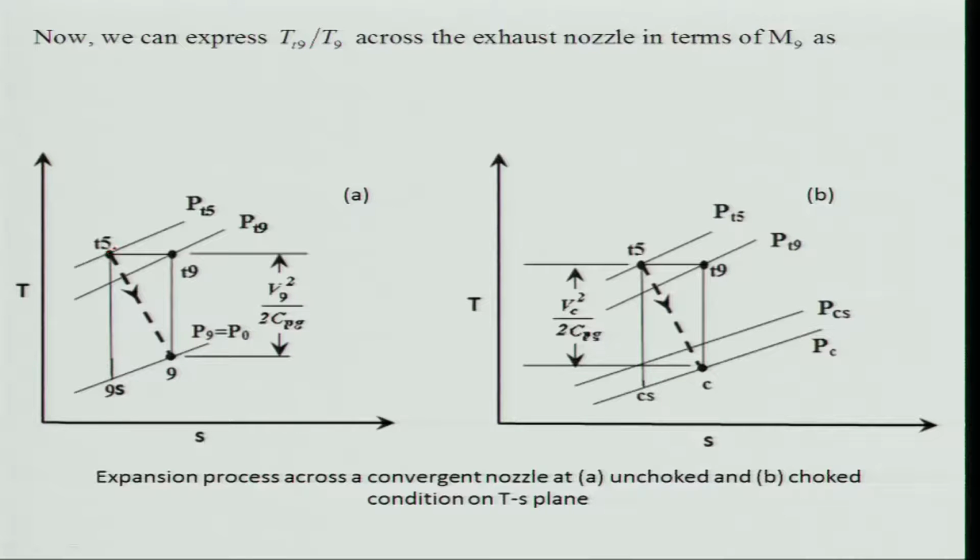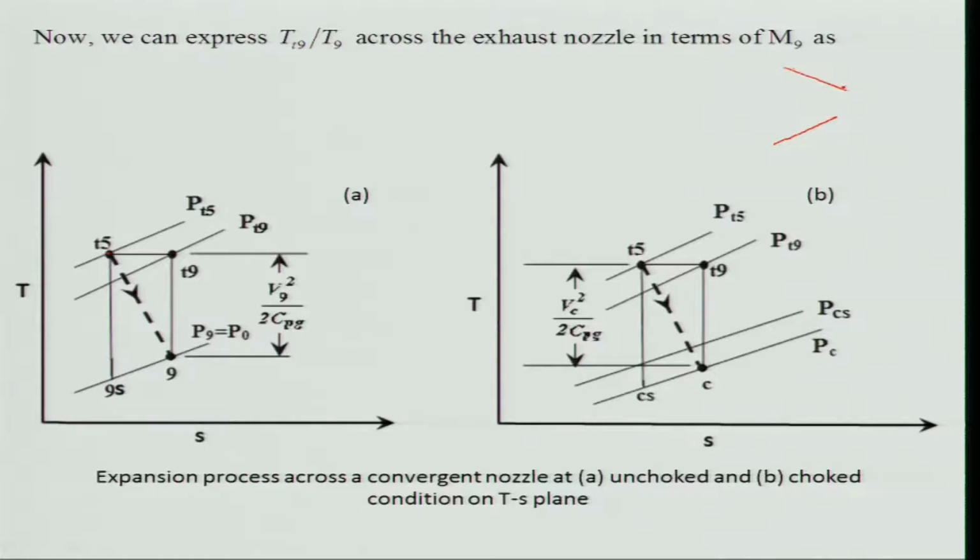For example, consider the processes happening under an unchoked condition. This is my condition: P T 5 is the inlet for the nozzle, whereas P T 9 is lower than that. The total pressure corresponding to the nozzle exit is P T 9, and this is the static pressure P 9. Here we are assuming it is unchoked in a convergent nozzle.